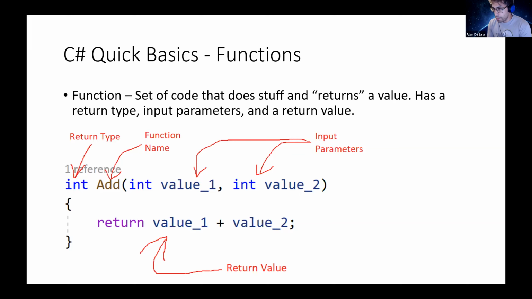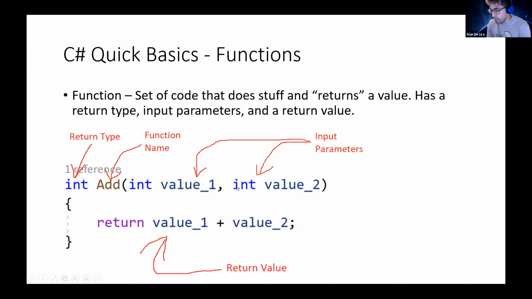So for this example I have here, the first part here is the return type of this function. It's returning an int type. The function is Add. And then for the input, you have an integer, so the variable name will be called value1 for this input.